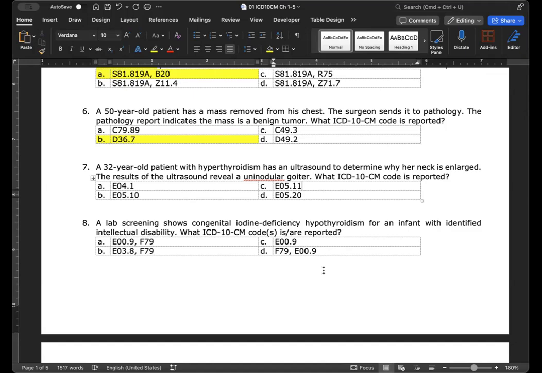The hyperthyroidism. Yep. So we first need to go to hyperthyroidism, and then we'll go to "with a goiter." So we'll do hyperthyroidism with a goiter, and then it is nodular, and then uninodular.